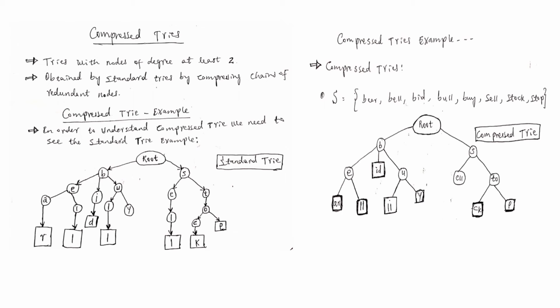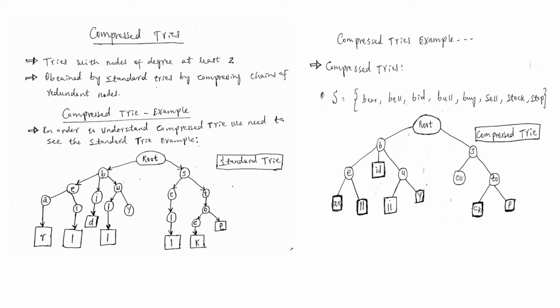So now compressed trees. In this case, we use compression in trees. Trees with nodes of degree at least 2, obtained from standard trees by compressing chains of redundant nodes. By compressing the redundant, repeated nodes in a tree, we compress that one.